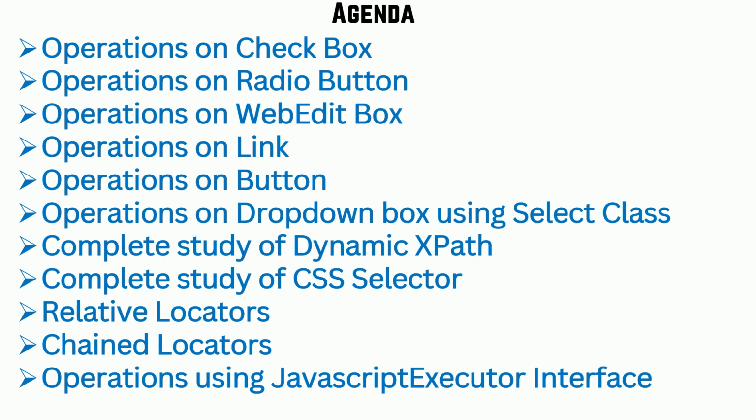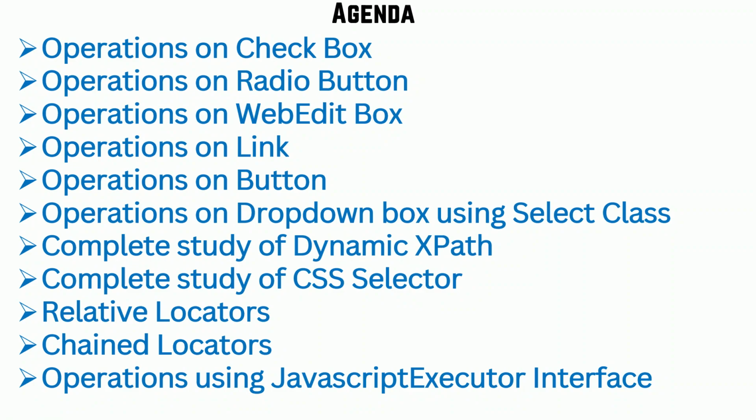Once your project is created, you can create a package and a class, and at the same time go to the pom.xml file and add the latest Selenium Java dependency. So all the relevant jar files are added to your project, and you have already seen a lot of important classes and interfaces available through which we can interact with different web elements. So these are the parts already covered.